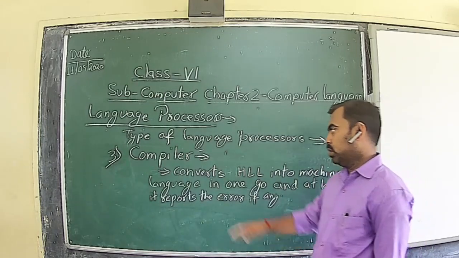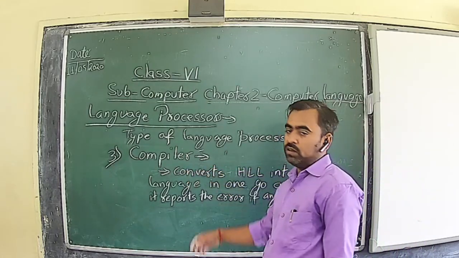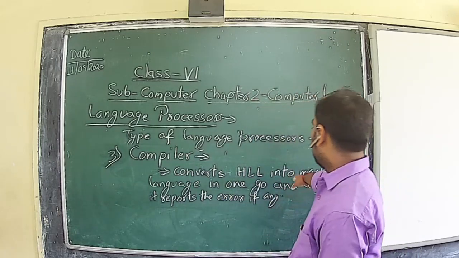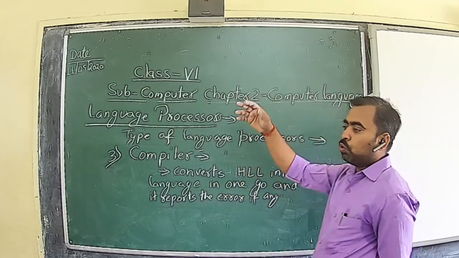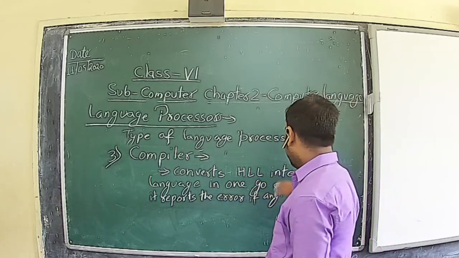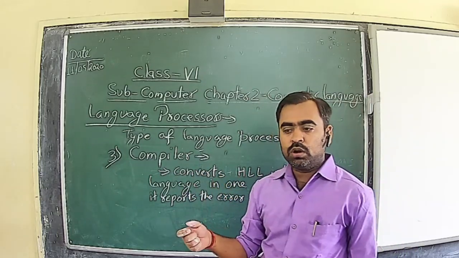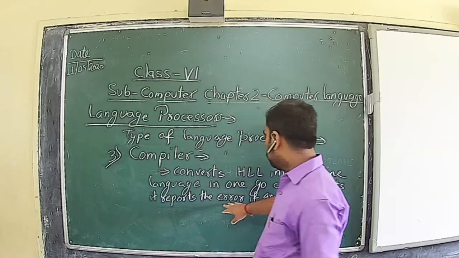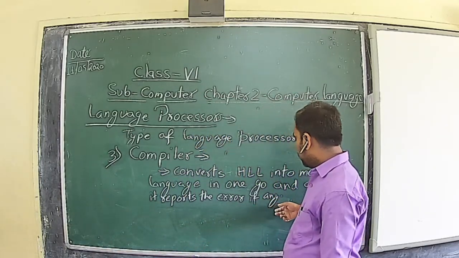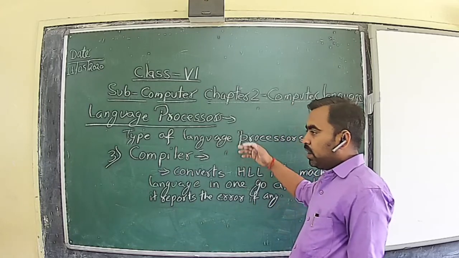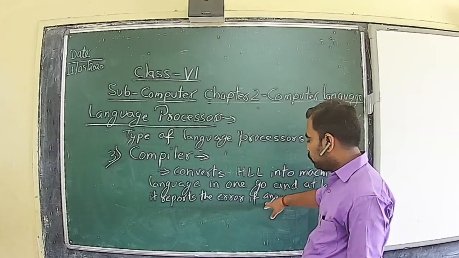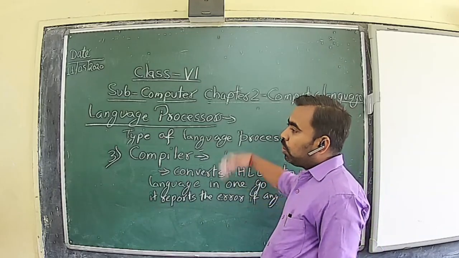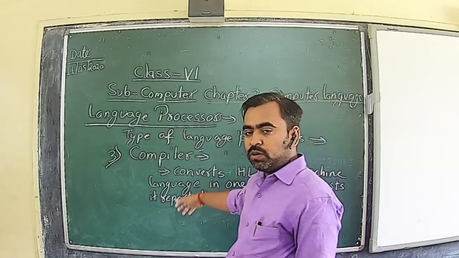The compiler is also used to convert high level languages, but it goes through the whole program in one go, and at last it will report the errors to the user. Once the error has been rectified by the programmer, it will again compile the whole program from the start itself.